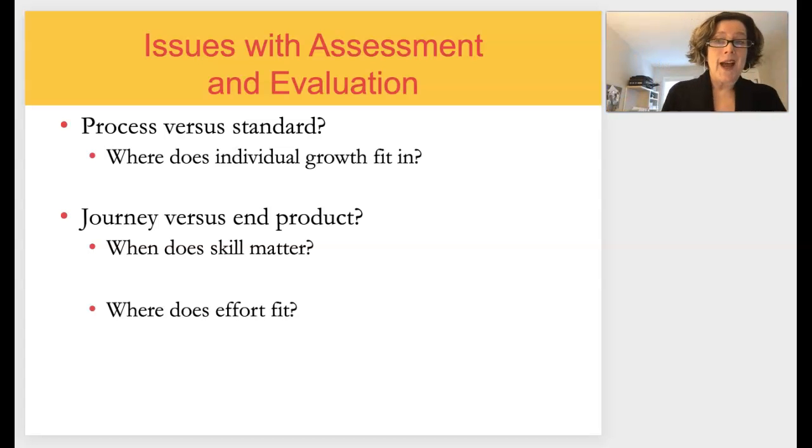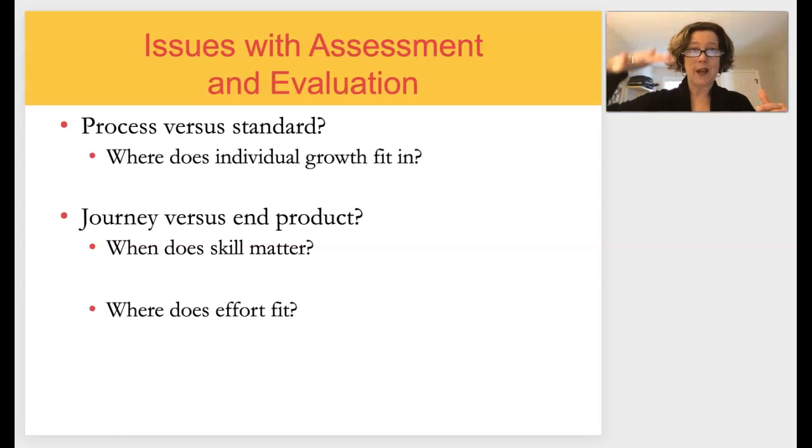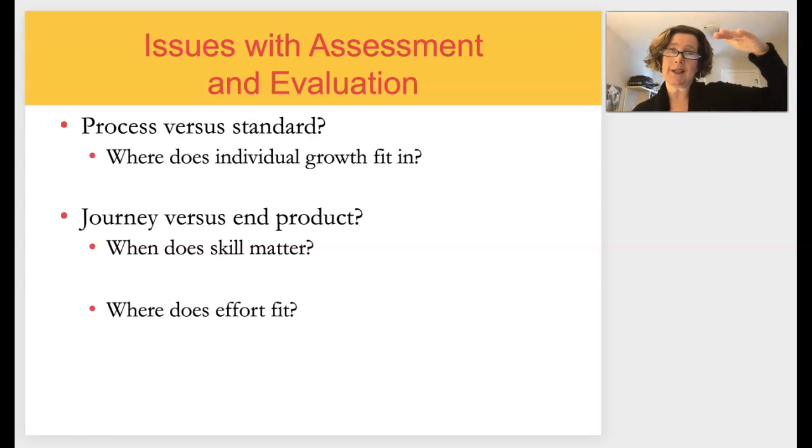Okay, so that's process versus standard. Do we care about the process of how students learn and get to that learning, or do we only care that they hit a standard? Again, these are decisions you have to make as an autonomous professional teacher.